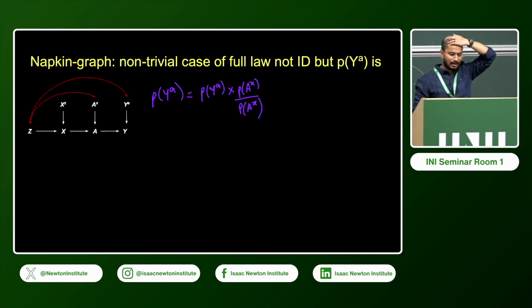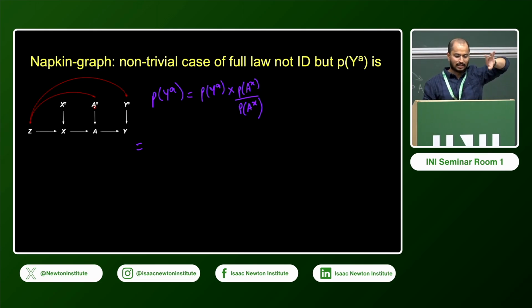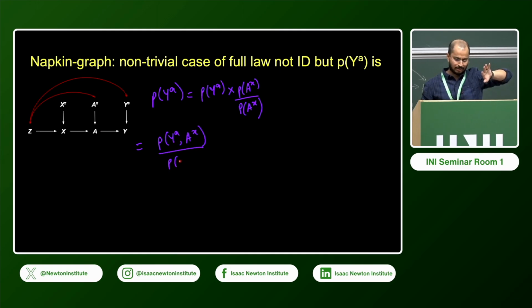And then you'll notice from this graph that A(x) and Y(a) are independent, because any path from A(x) to Y(a) is a bidirected path. So they're independent of each other. So I can say that this is equal to P of Y(a), A(x) divided by P of A(x).